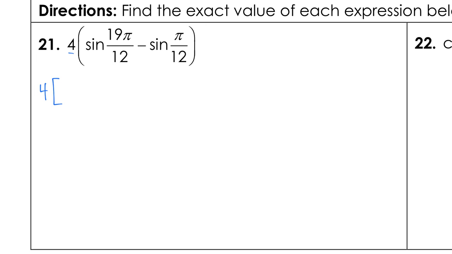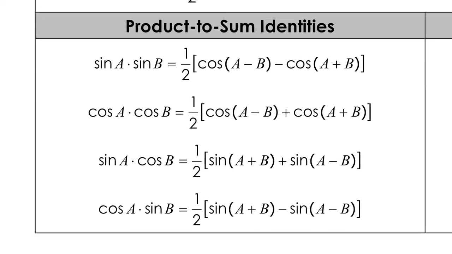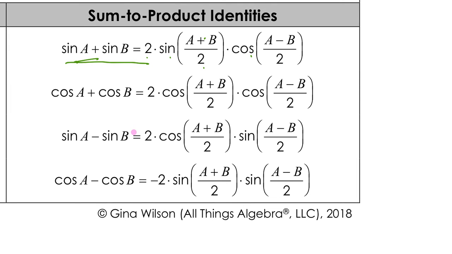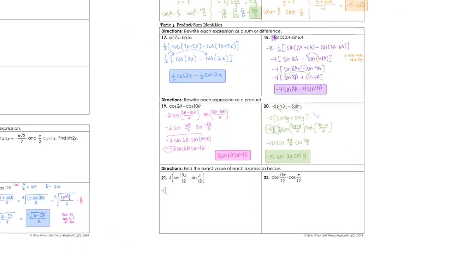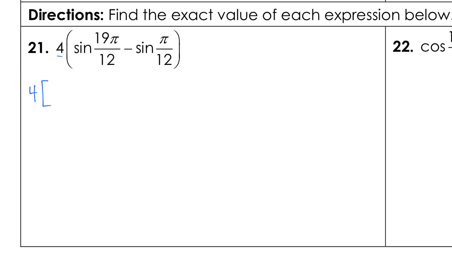Sine minus sine. Here we go. Sine minus sine is this one here. So we're going to follow this format. Okay, so there needs to be a 2.